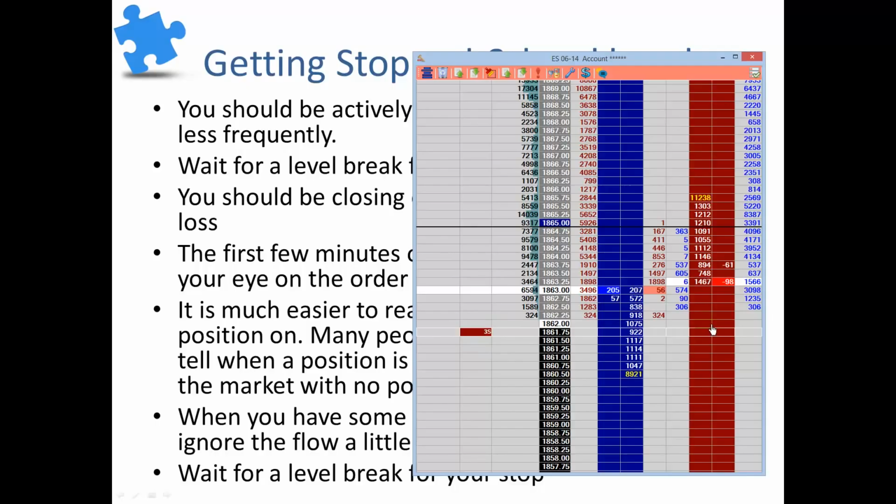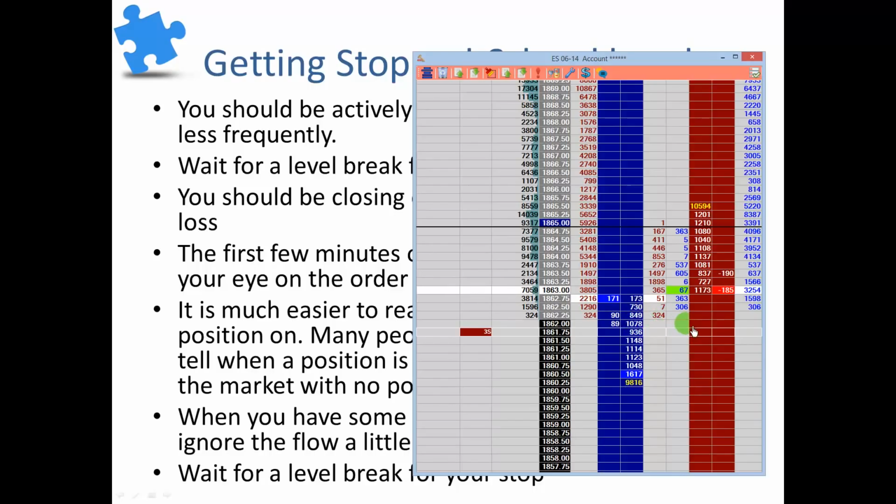I know sometimes somebody's just going to hit that with 1,000 and it's going to go straight through. So sometimes you're going to lose an extra tick, but most of the time you're going to be okay. A lot of the time you'll come down to where your stop is, you'll see a bunch of contracts trade, it holds, and then it goes back up and it effectively saves your trade.